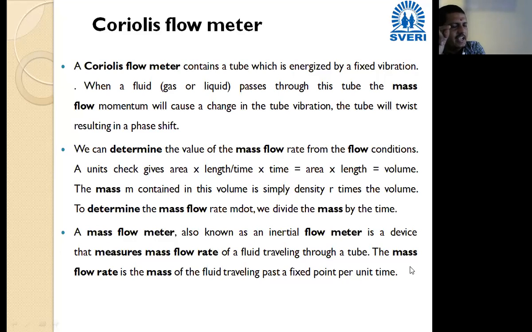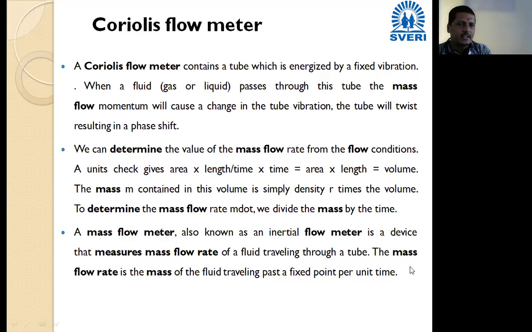A unit check: area into length divided by time into time is equal to area into length, which is equal to volume. Since it is circular, you get the volume. The mass M contained in this volume is simply density R times the volume. To determine the mass flow rate M, we divide the mass by time.